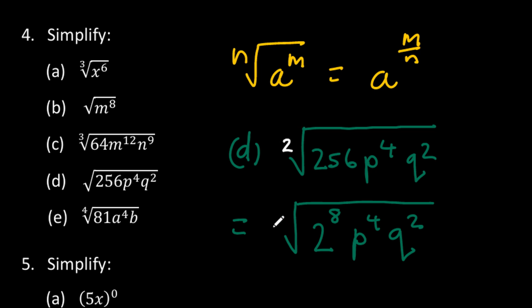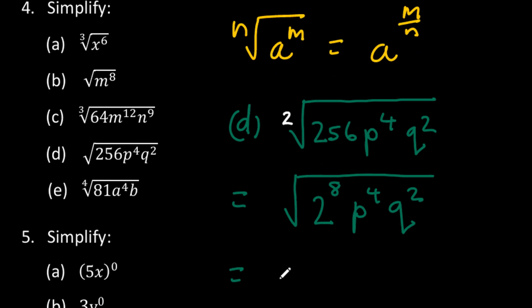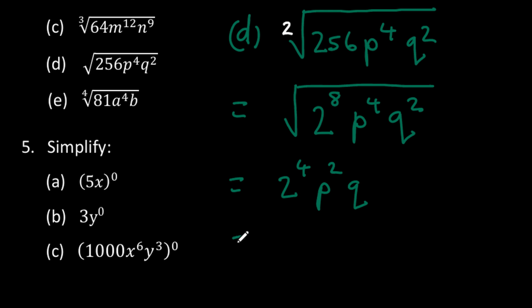Since we have a 2 here, we can divide all the powers under the square root by 2. So 8 divided by 2 is 4. 4 divided by 2 is 2. And 2 divided by 2 is 1. And of course, we don't have to write the 1. So just q. We can simplify this further. 2 to the power of 4 is 16. So it's 16p squared q.